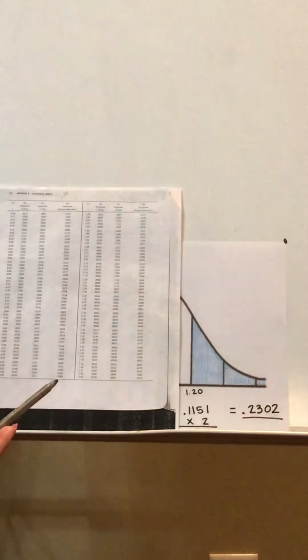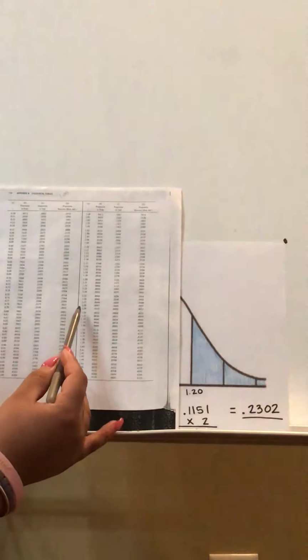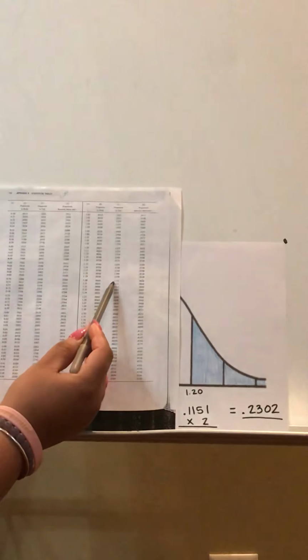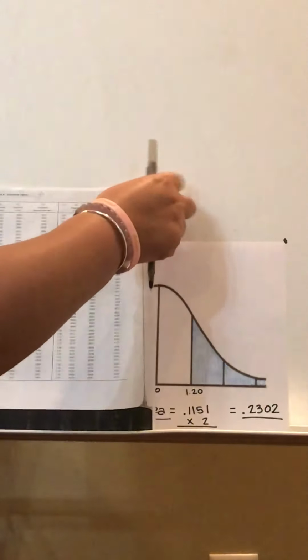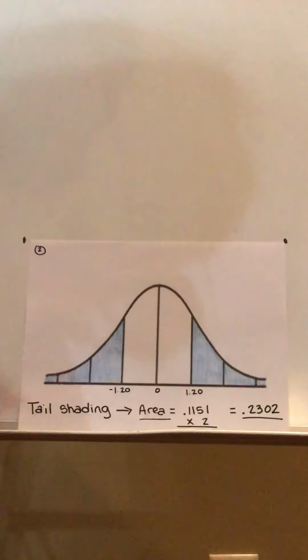This is a tail shading, so you've got to give me tail measurements. So if you go to 1.20 and we go to tail, you'll see that that area is 0.1151.